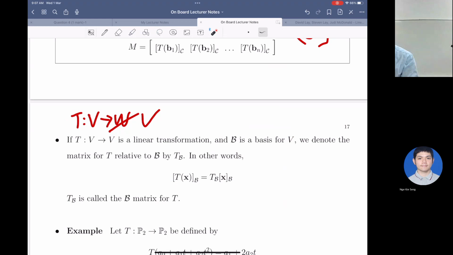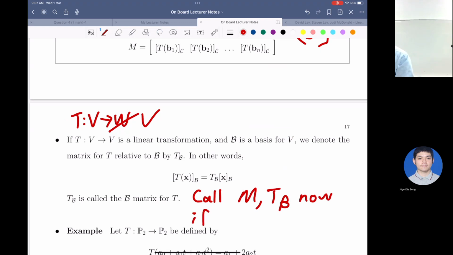So we let M be TB. T is between the same space, so we will see in a moment why we call it TB.